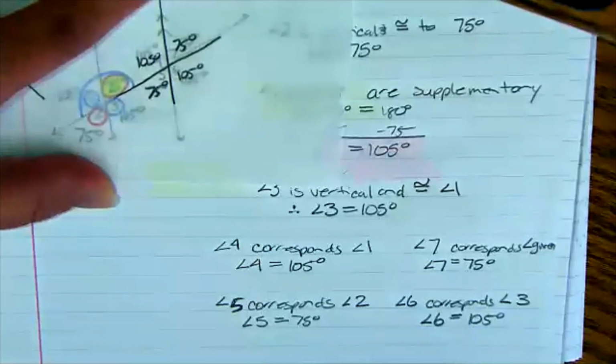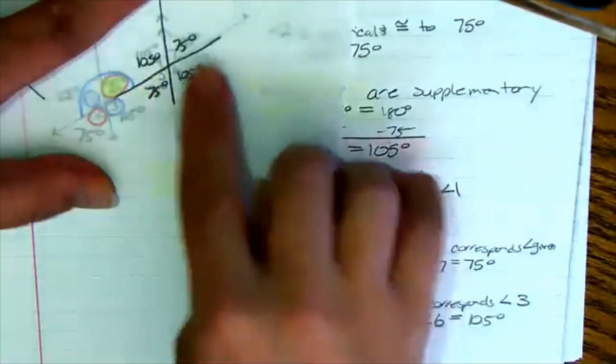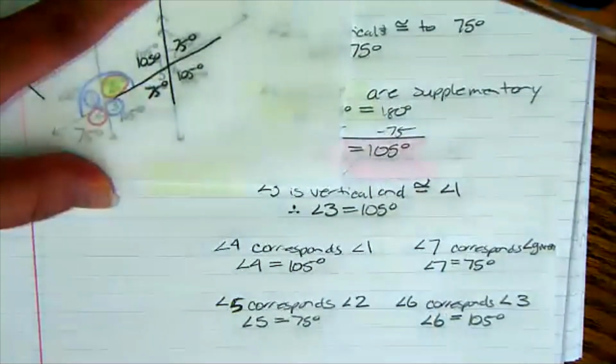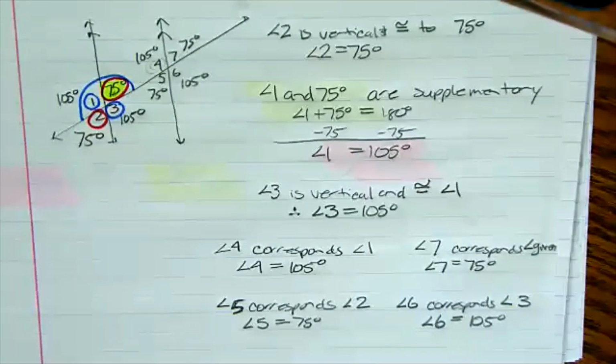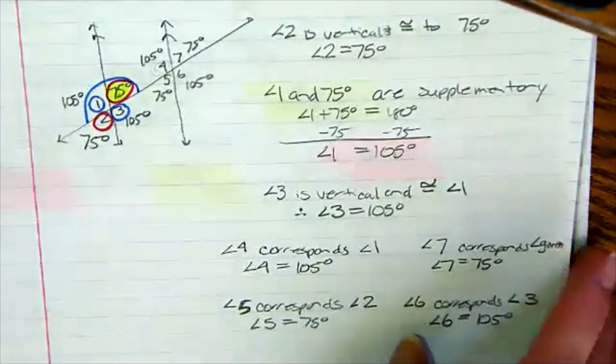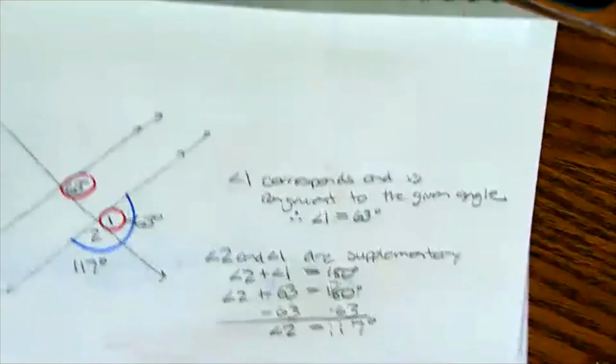Then I can use the idea of corresponding angles to figure out my missing measurements. So that is what we are doing today. There is a little bit of vocabulary I would like to do with you real quick. It's not very painful.